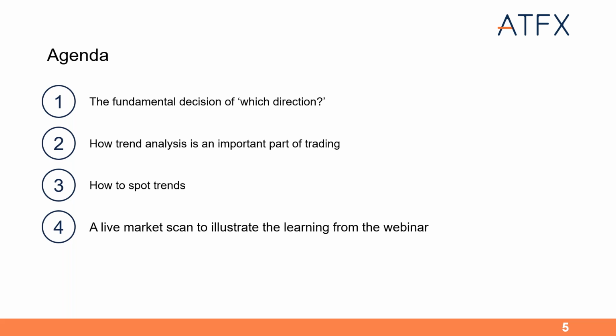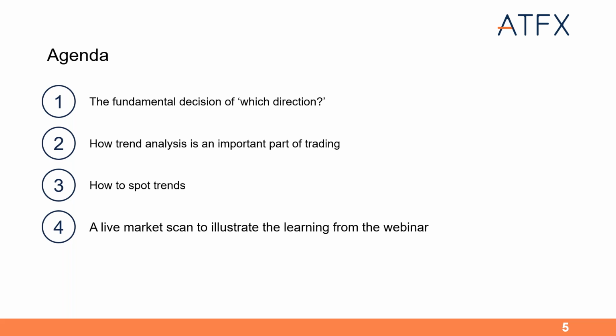There are sometimes things fundamentally that we can take into account when picking a trend direction. But overall, what we are looking for is technical analysis, and that is what we base our decision of which direction to trade in.